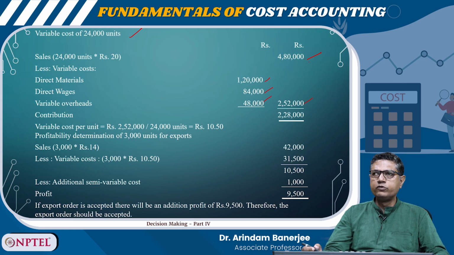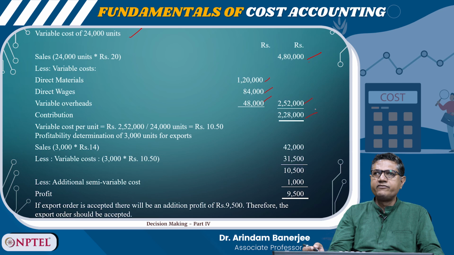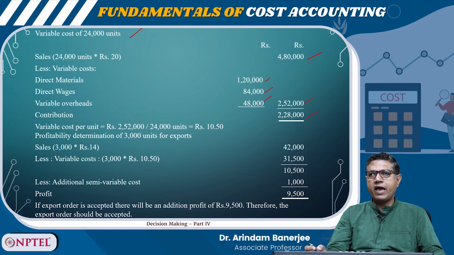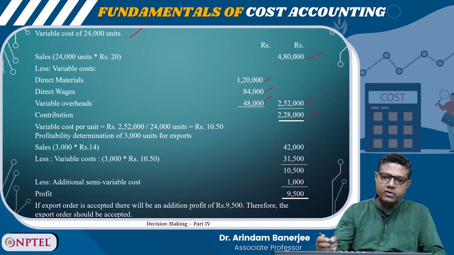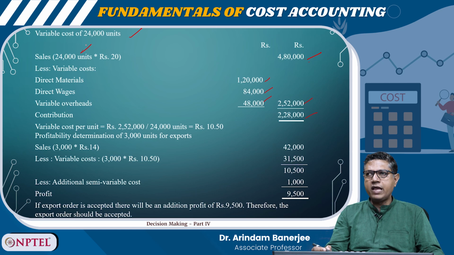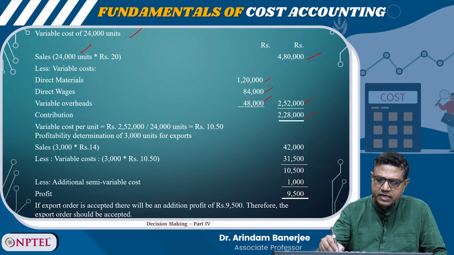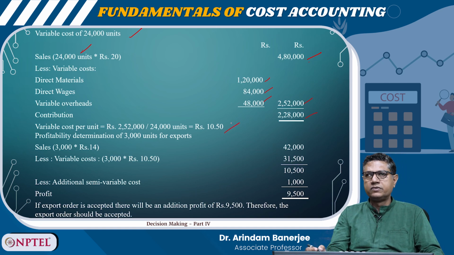The contribution is sales price minus variable cost, so it is 2 lakh 28,000. Variable cost per unit: number of units given here is 24,000 units. So, the variable cost per unit will be 2 lakh 52,000 by 24,000, that is rupees 10.50, right.